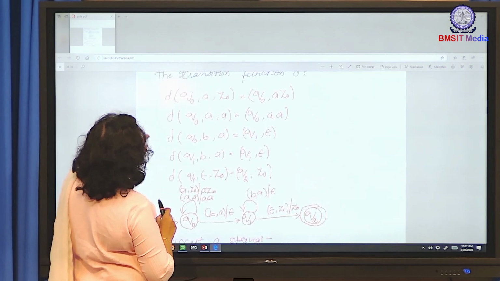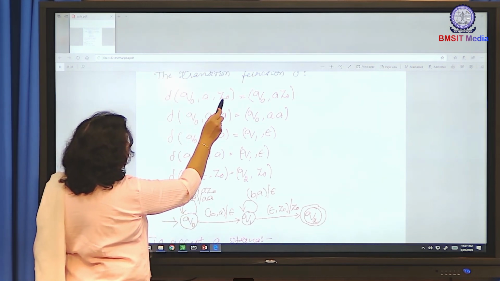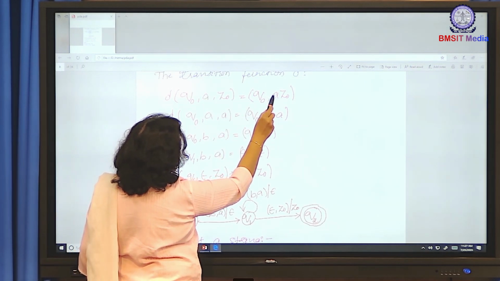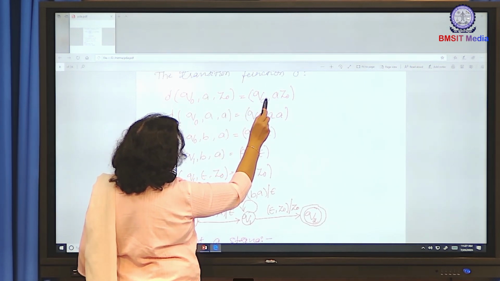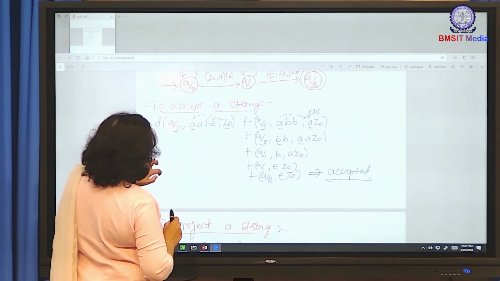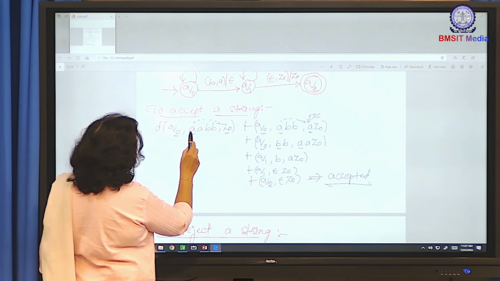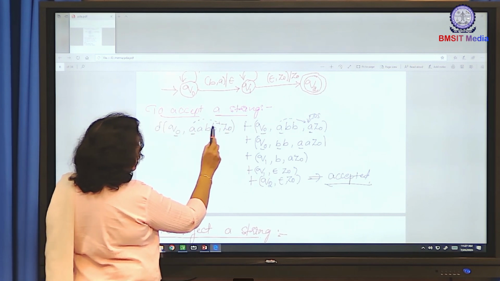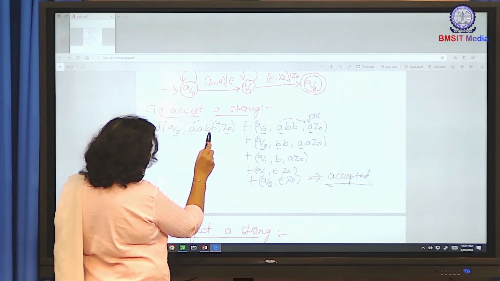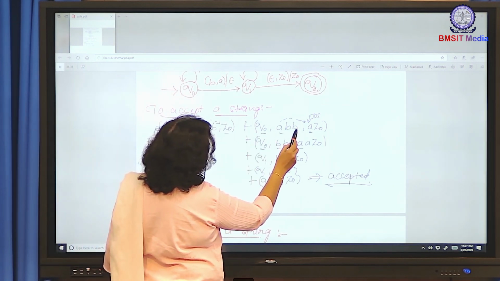For this you have to go and see the transition Q0 comma A comma Z0. What happens? You will push this A onto the stack. So this will be Q0, AZ0. Here Q0 comma A comma Z0 will be Q0. This A is gone. What is remaining is ABB. So Q0, ABB.